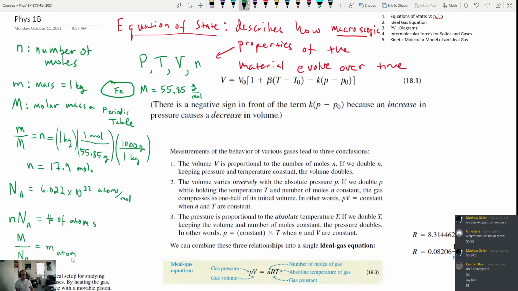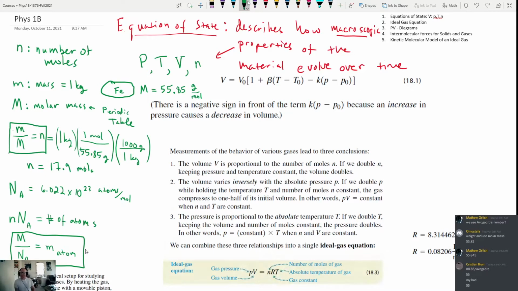And of course, not all atoms are the same, right? An iron atom weighs more than a boron atom or something like that. So these equations are pretty helpful for different things. This one's pretty helpful. This one's really helpful here too.